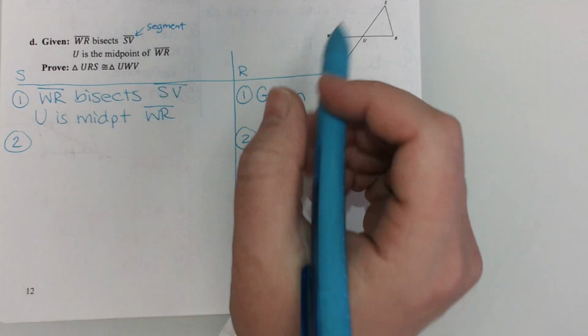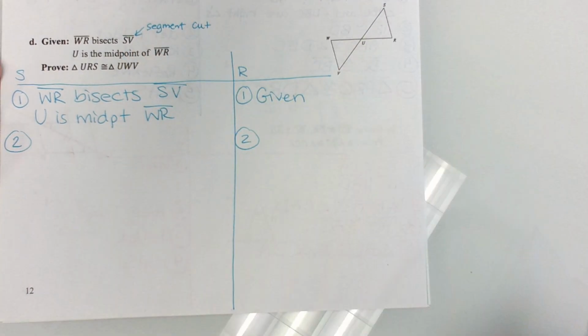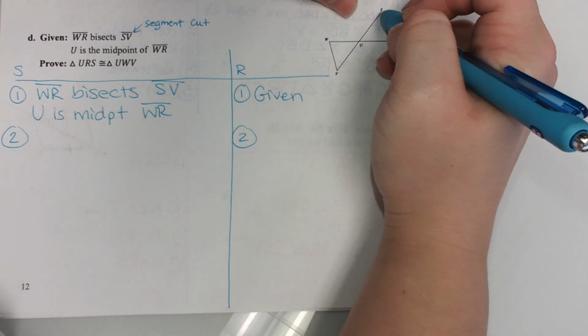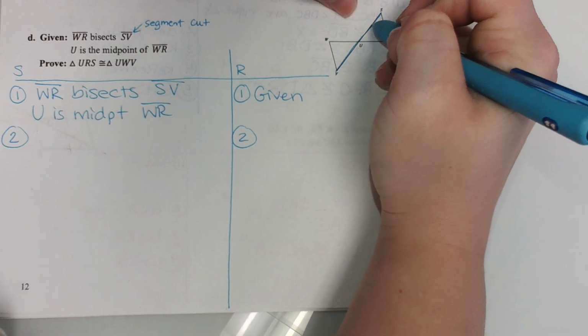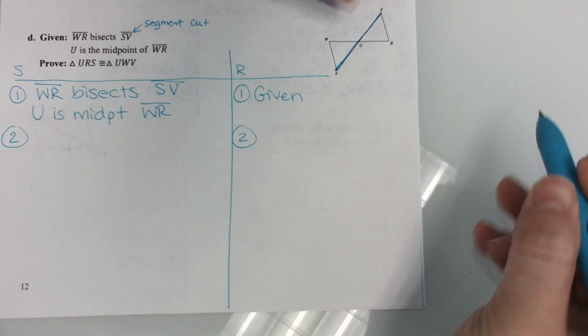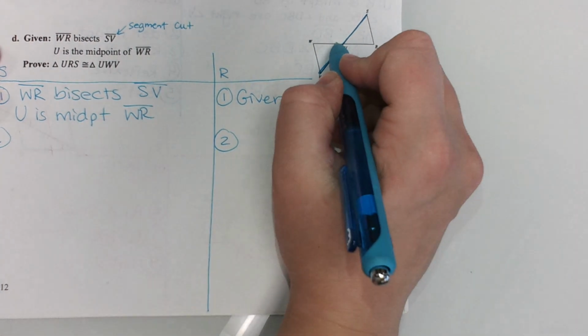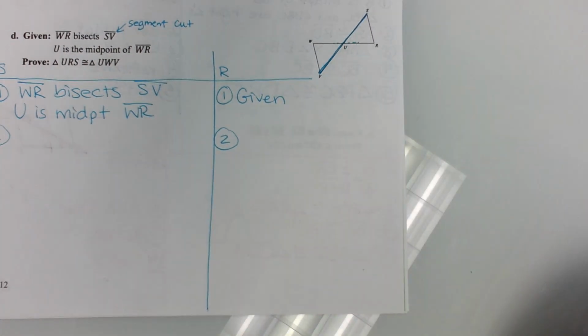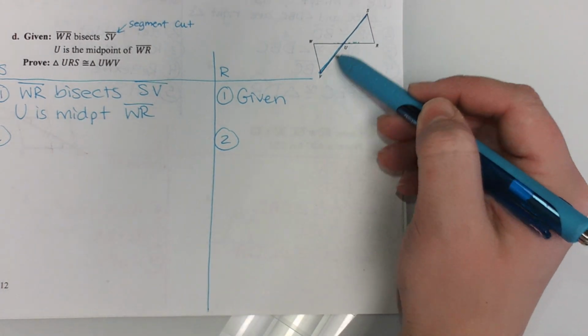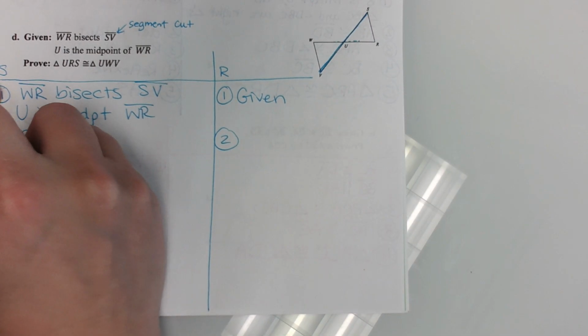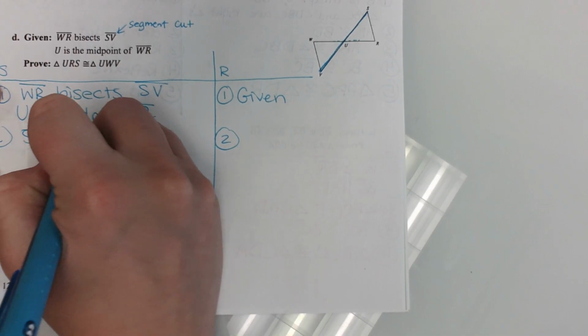This is the segment that gets cut. Segment SV is right here. It gets cut into two segments by this. What are the names of the two segments? SU and UV. SU is congruent to UV.